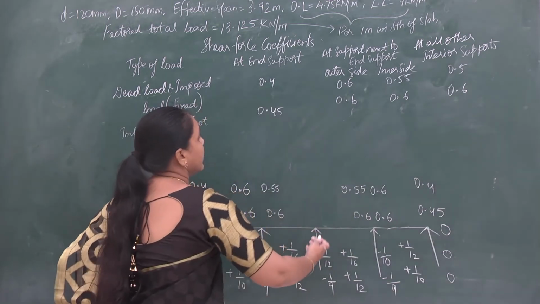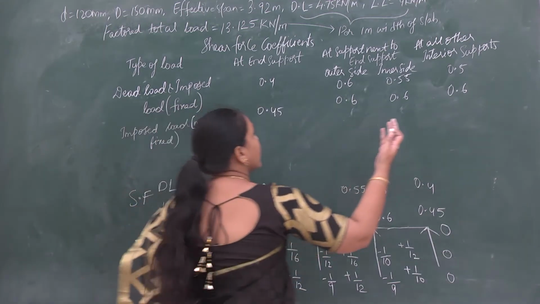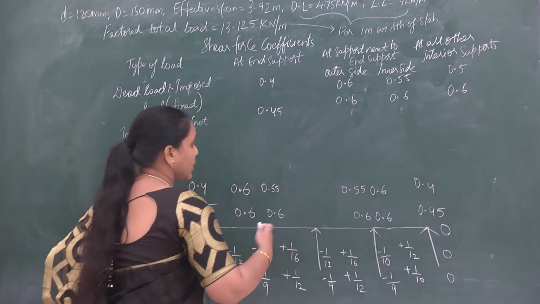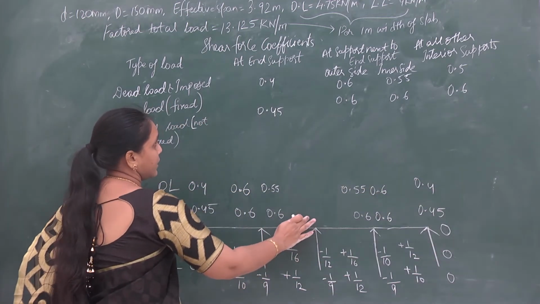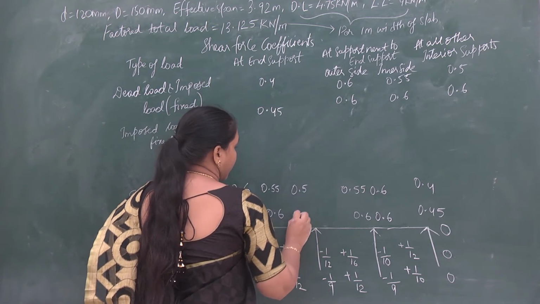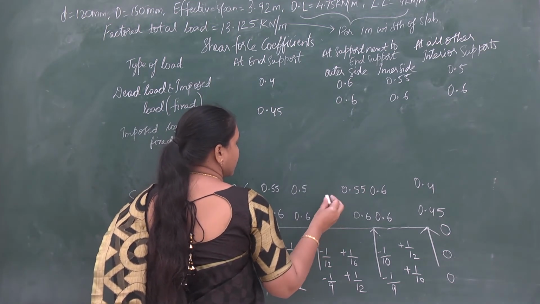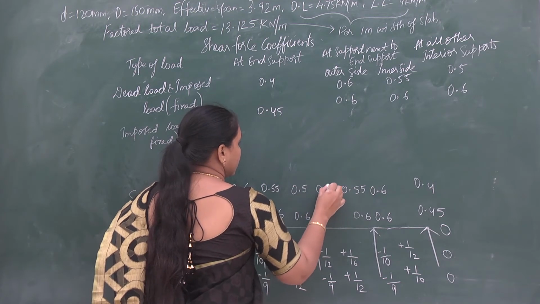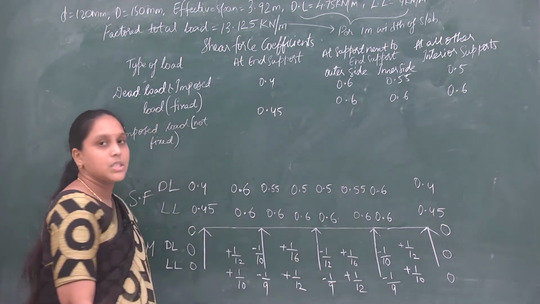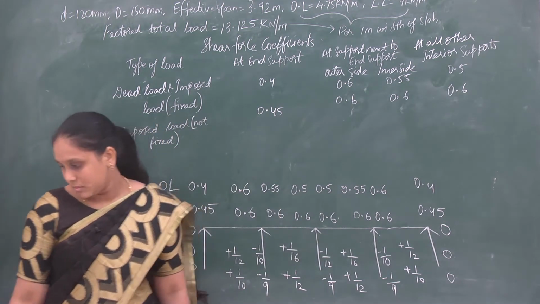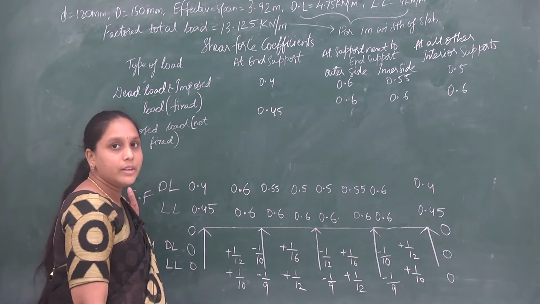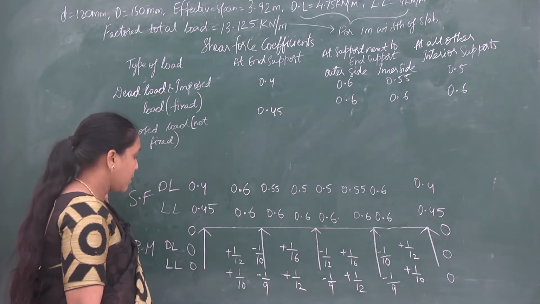In the similar way, the next one is at all other interior supports. So at all the interior supports, the dead load and live load coefficients are 0.5 and 0.6. So what are the interior supports here? This is the interior support. So here we'll have the dead load as 0.5, 0.6, and 0.5, 0.6, 0.5, 0.6.